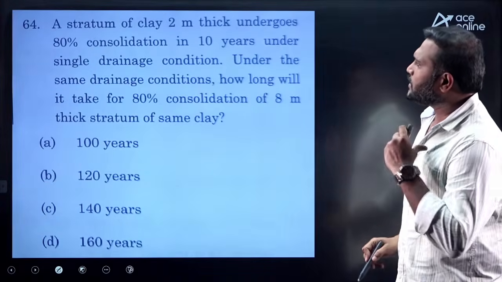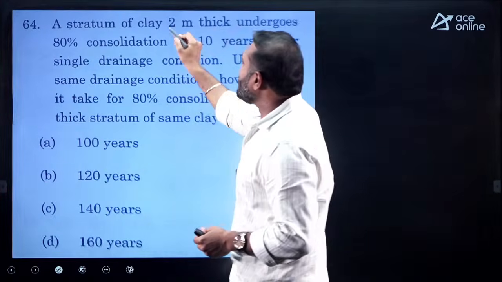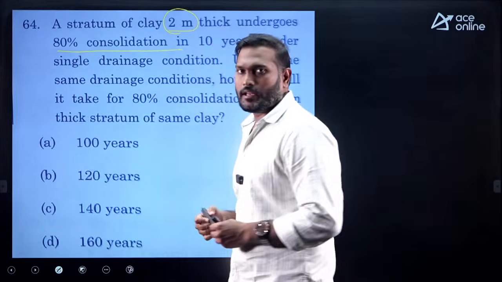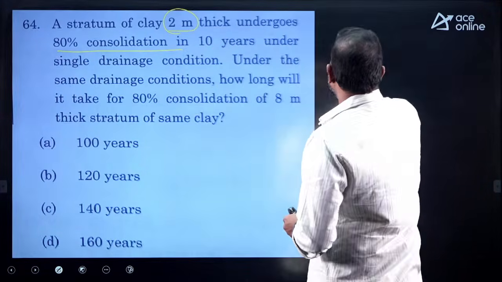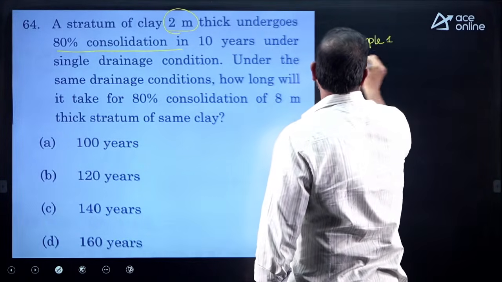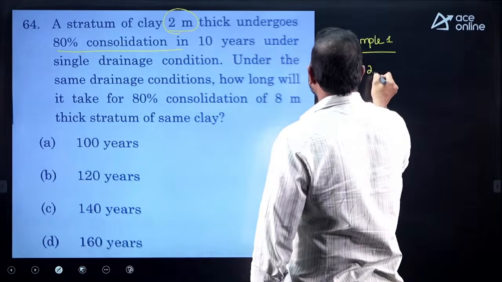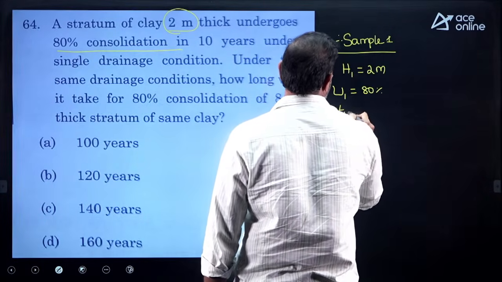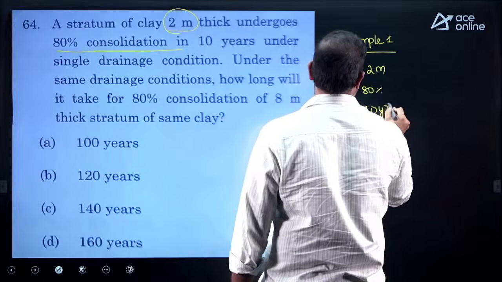Now come to the third one. A stratum of clay 2 meters thick undergoes 80% consolidation in 10 years. So in the case of sample 1, the thickness of the clay was given as 2 meters. It undergoes 80% of the consolidation in time 10 years.